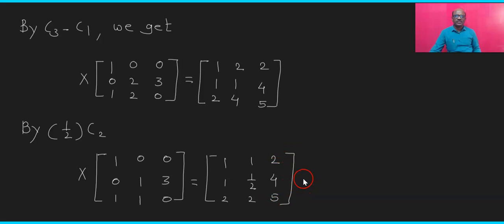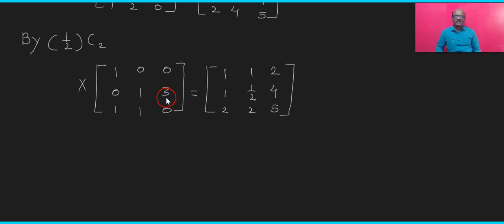Now by the operation, make this element a 0, that is C3 minus 3 times C2.